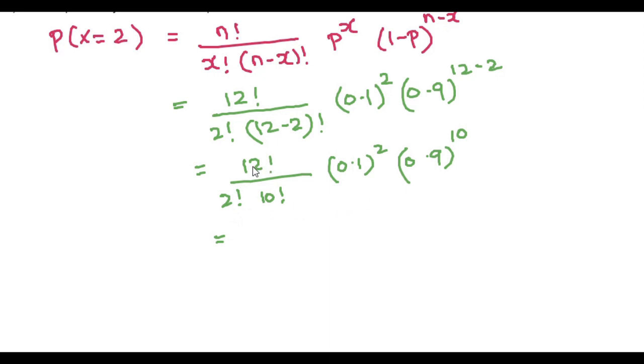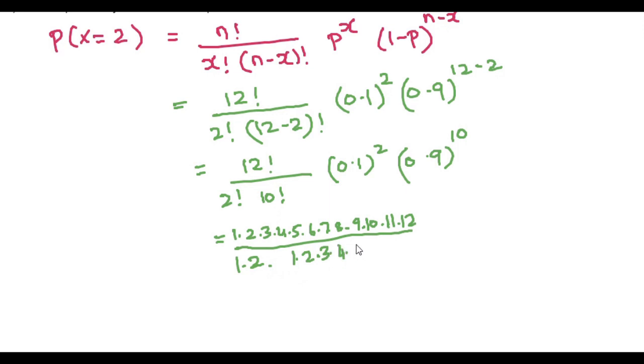So 12 factorial is 1 times 2 times 3 times 4 times 5 times 6 times 7 times 8 times 9 times 10 times 11 times 12, divided by 1 times 2, and 10 factorial is 1 times 2 times 3 times 4 times 5 times 6 times 7 times 8 times 9 times 10, times 0.1 squared, 0.9 to the power 10.